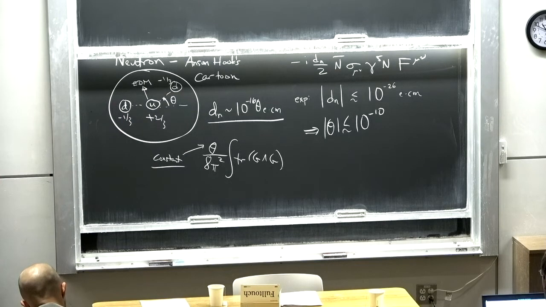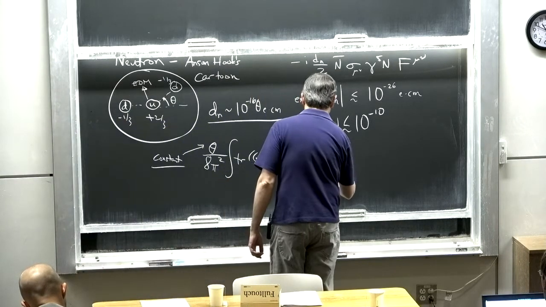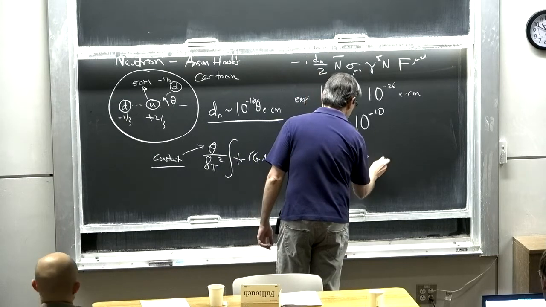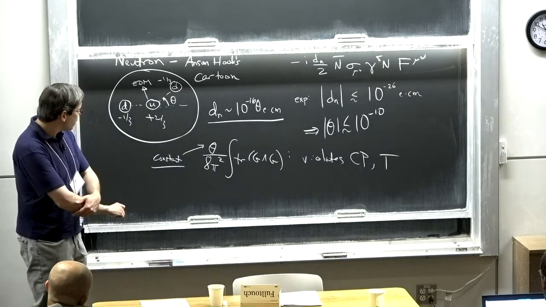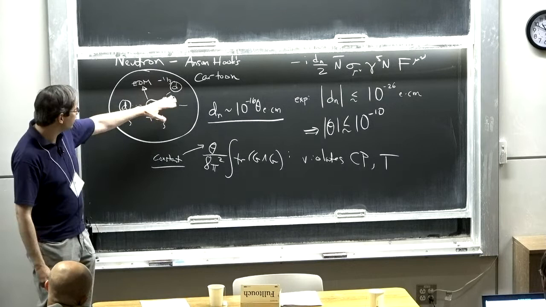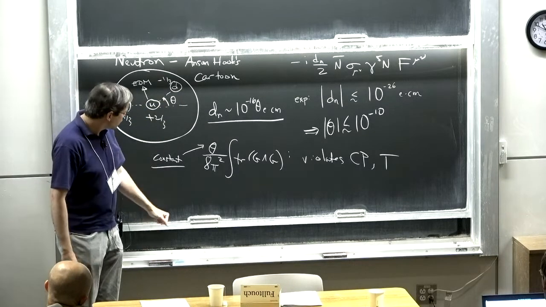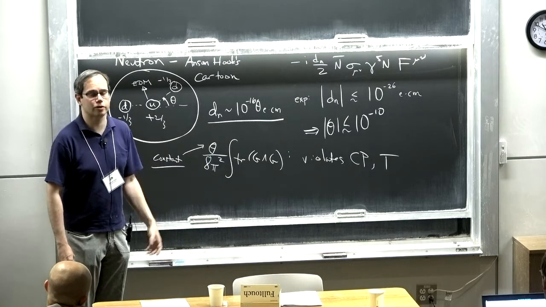I could have this term in the QCD Lagrangian. It violates CP or T. And it has physical effects, and this is one of the effects. Essentially, the angle theta in this cartoon basically is what this angle theta we can add to our Lagrangian does.